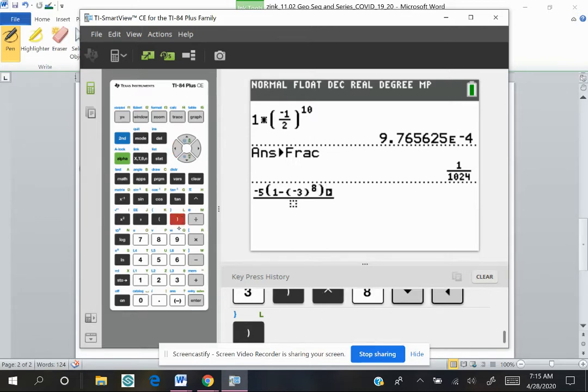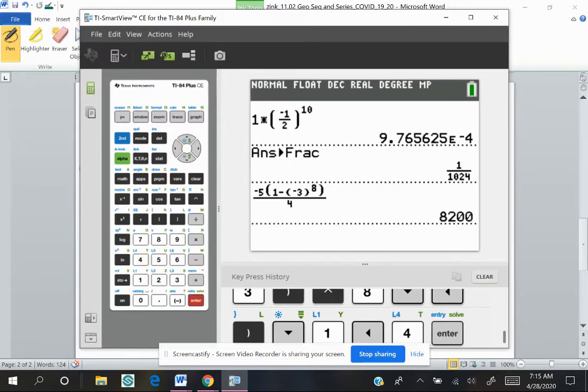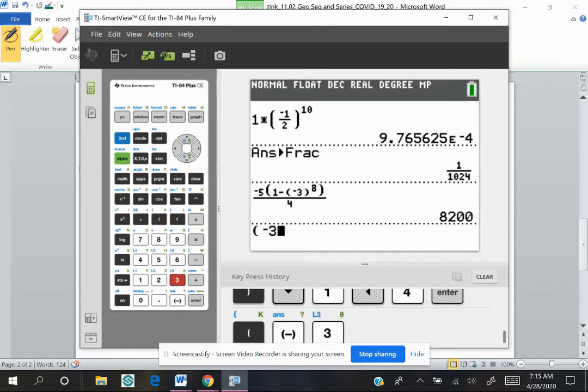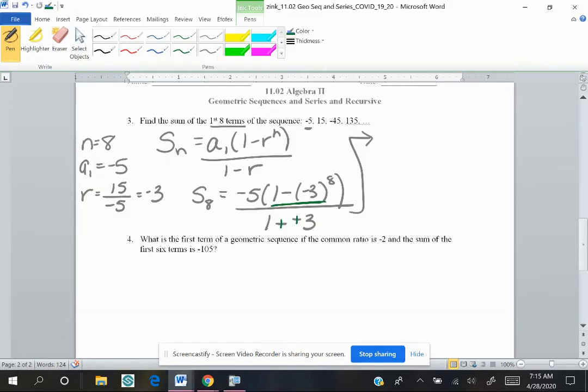Close that parenthesis, over 1 plus 3, or I'm just going to put in my 4 for now, but I didn't have to, and I get 8,200. If I wanted to do it separately, I would have typed in negative 3 to the 8th here, and then put that in. So I'll show you how to do it that way as well. Or you could have just said, okay, 8,200 is my sum, and I'm done.